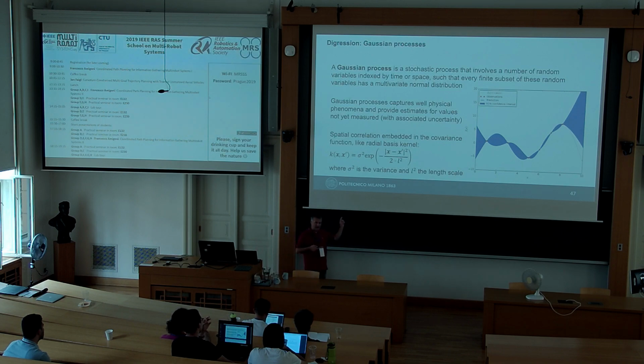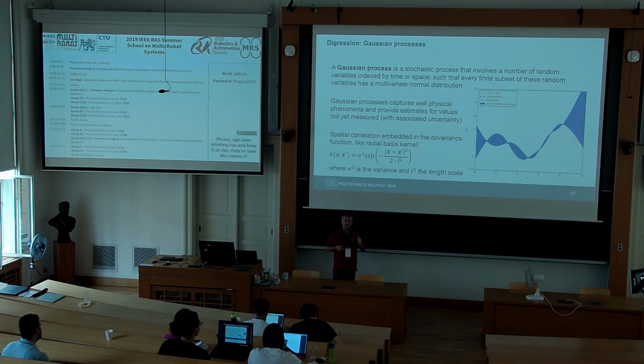The real reason why these Gaussian processes are used for modeling this kind of phenomena is that they have this very nice property. They can tell you not only an estimation of the values that you have not measured, but also a confidence interval over these values, or let's say some uncertainty over this value. And this, in application, is really, really important.